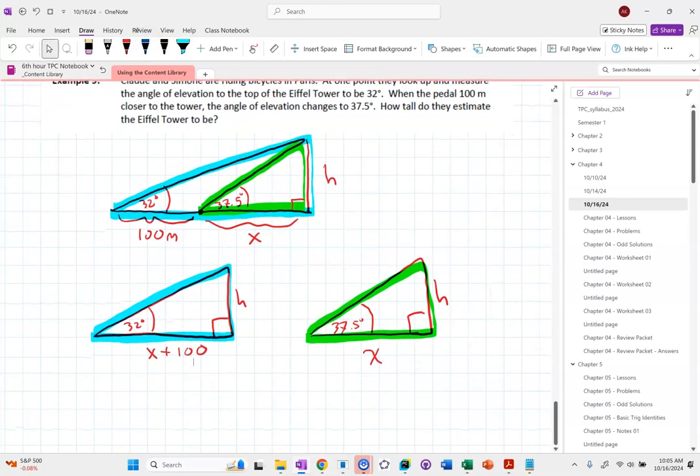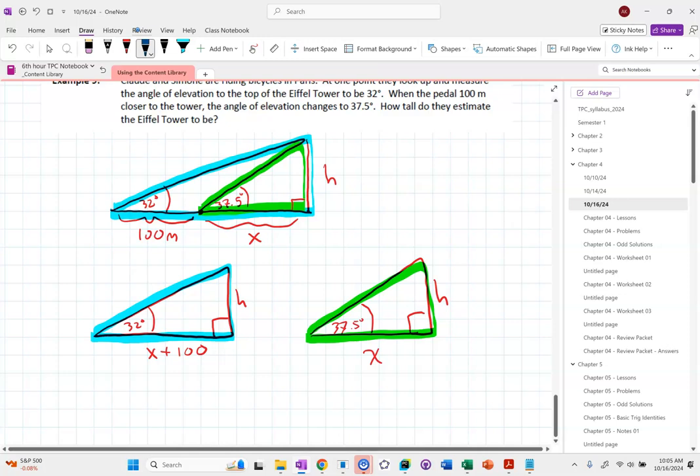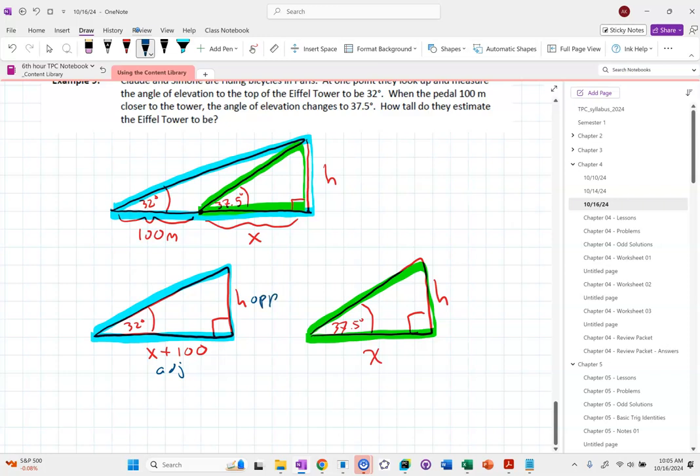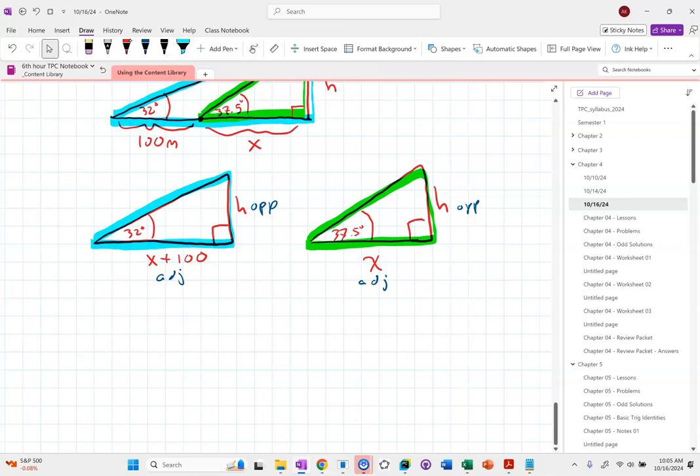In each of the two triangles, the sides that we have labeled are adjacent and opposite. But both of them still have two variables in it, right? They both have an X and an H. What I'm going to do is create a system of two equations.